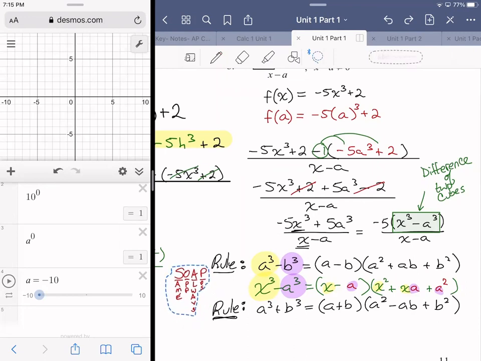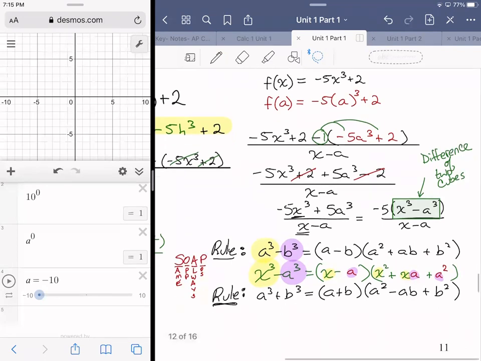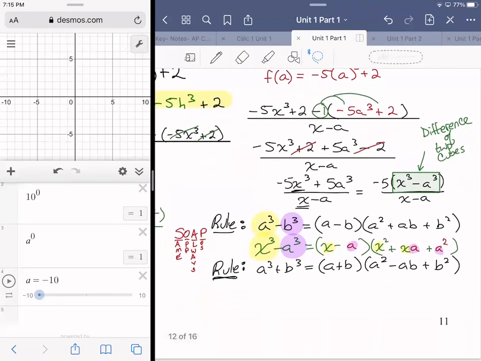All right, so that factoring technique allows us to go a little bit further with this expression. Just going back to what we're doing all this for. So I had that -5 there.